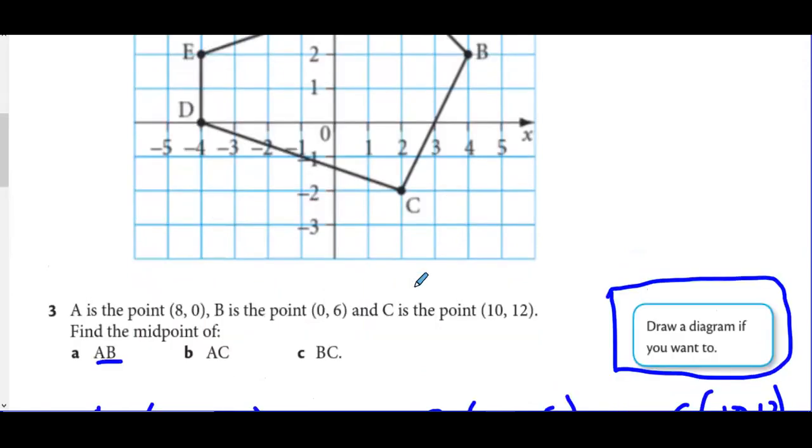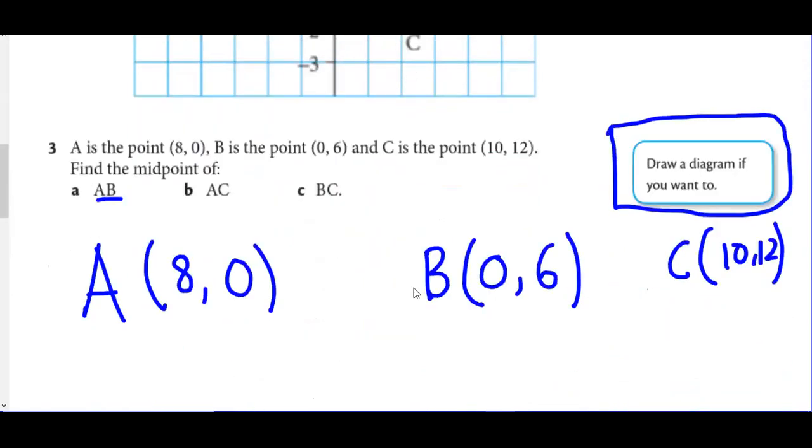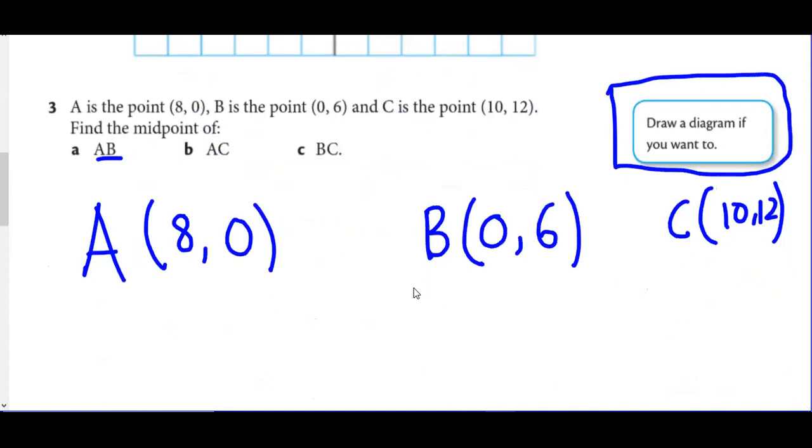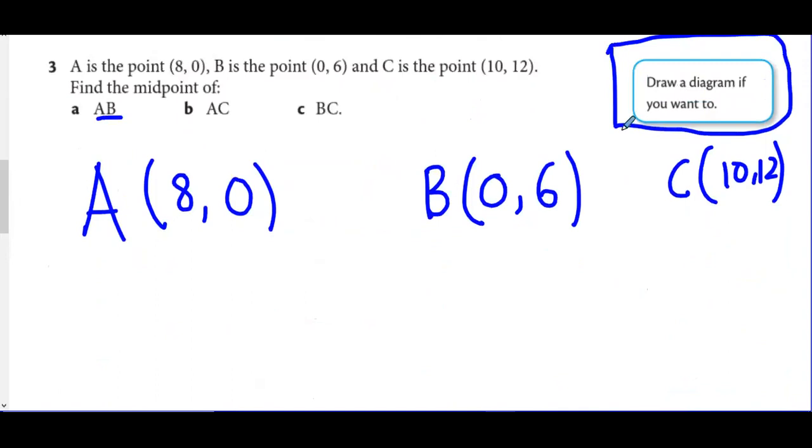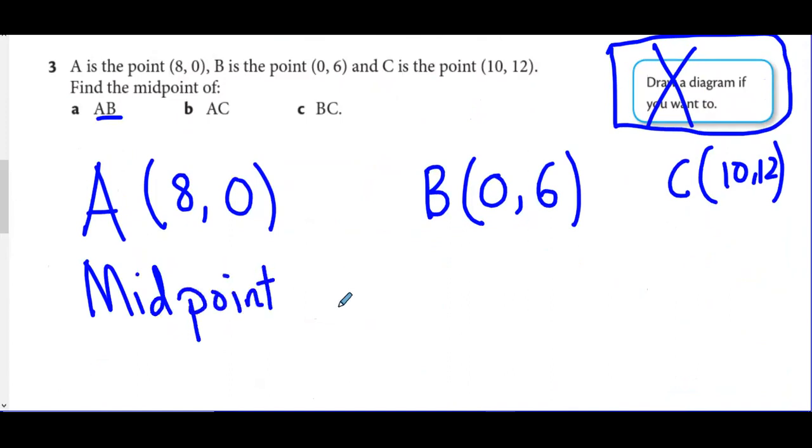Now, since I have taught you how to find the midpoint from the graph paper, this time I'm going to find the midpoint by using a formula. I don't want to use a diagram. So I'm going to use a formula. Finding the midpoint from the formula.